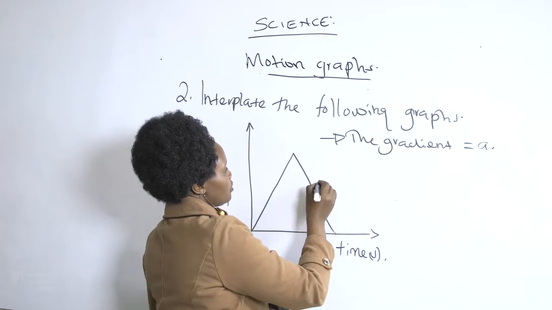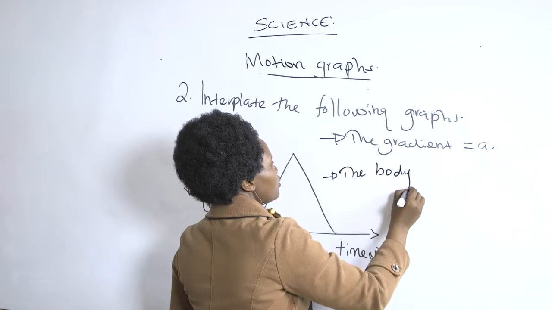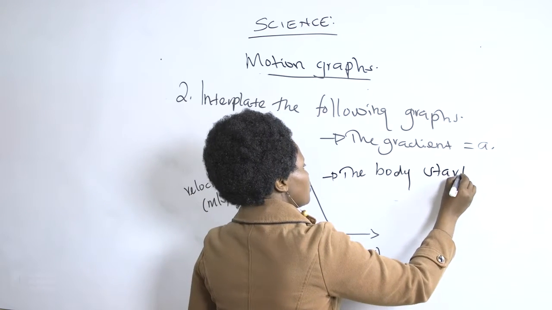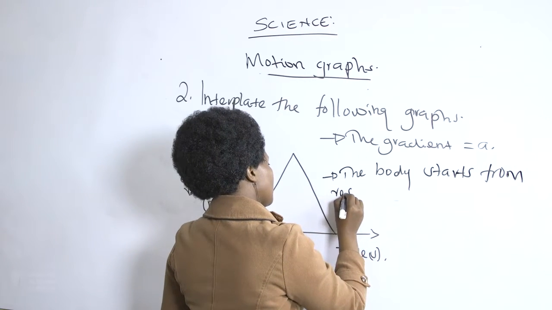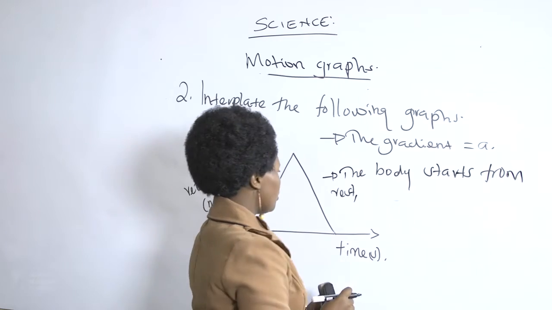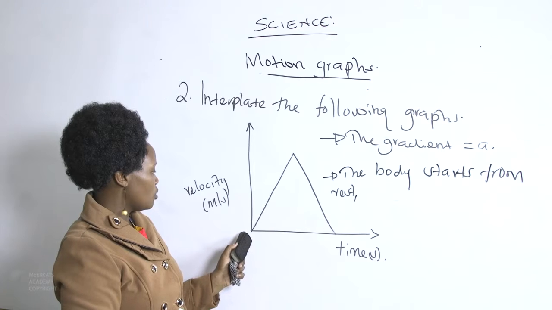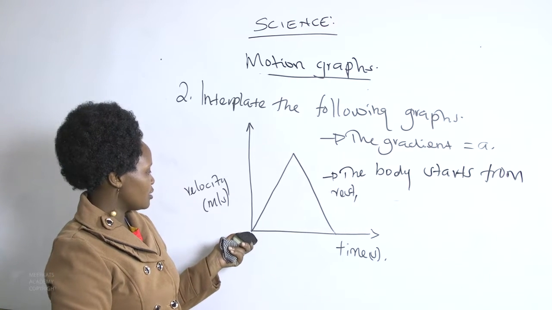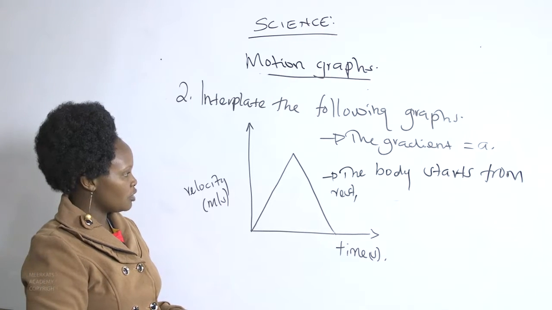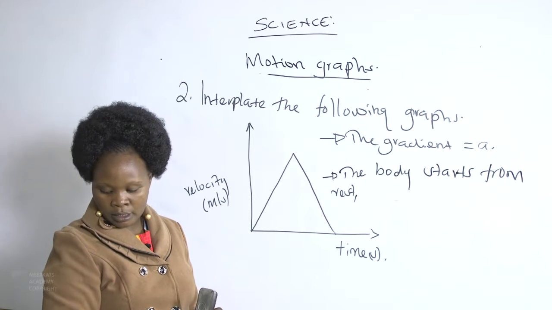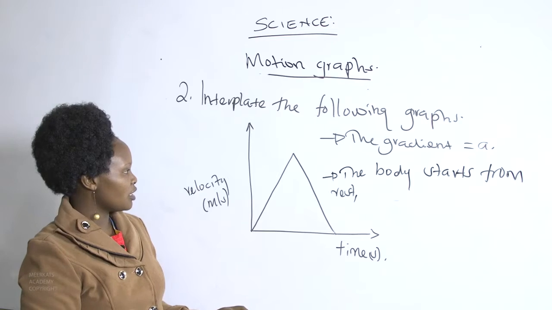Therefore, we could say that the body starts from rest. Why from rest? Because we have started from 0. And when a body has 0 velocity, then we say the body is stationary or actually at rest.